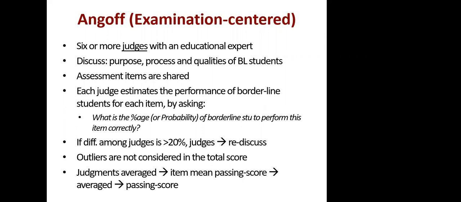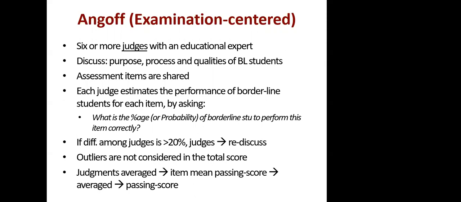Then the assessment items are shared with the judges, the questions, the stations, and each judge will estimate the performance of a borderline student on each item. So suppose for one best multiple choice questions, for each question, each judge will ask himself or herself, what is the probability of a borderline student performing this MCQ correctly? So for easier items or for must-know essential content items, your percentage will be higher.